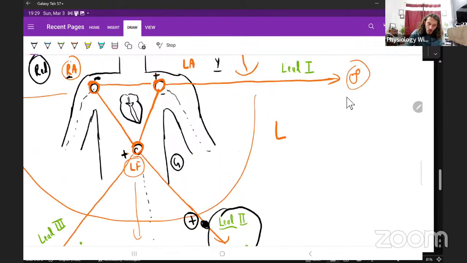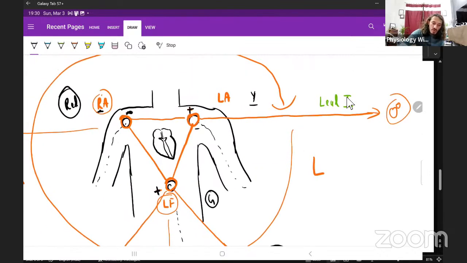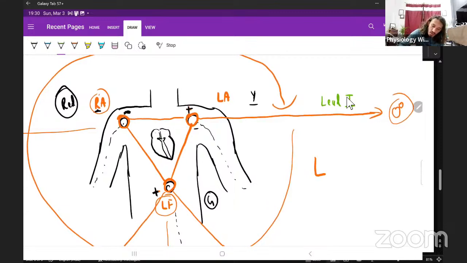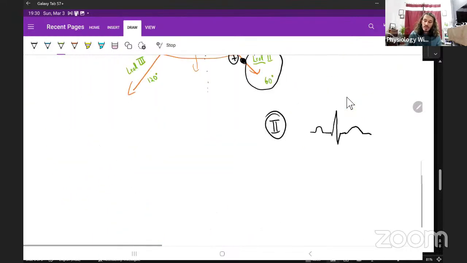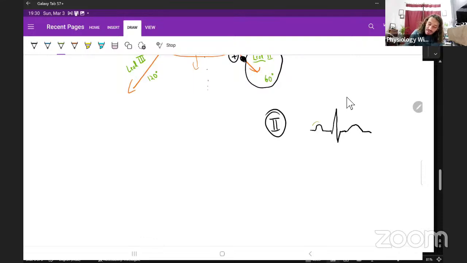So let's go back to your heart and its conduction. First, from the SA node, impulses go, atrial depolarization takes place, and it goes like this. Now, is it going towards the positive or away from the positive? Here, it's going towards the positive. Since it is going towards the positive, this is seen as a positive deflection.